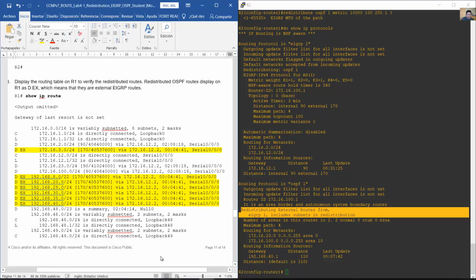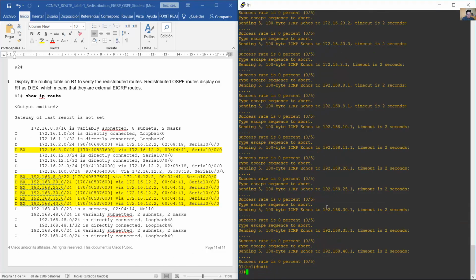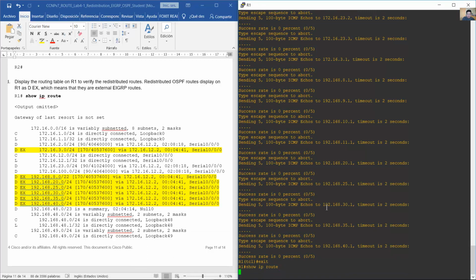Now go to R1 and verify the routing table. Exit from the TCL shell and show IP route.